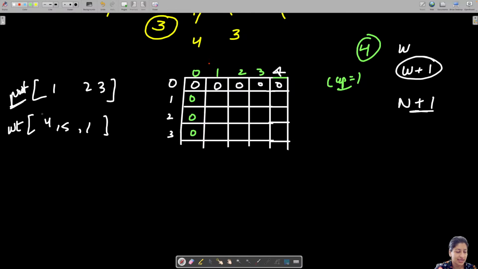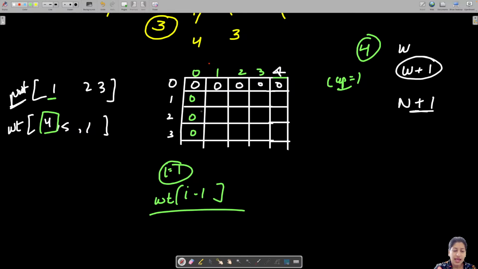So if my row in DP is I, which is 1, I am referring to the I minus 1th index in my weight array. So if I select this weight, first of all I have to check, can I even select it? Does it exceed my capacity? It does exceed my capacity, so I cannot select it.